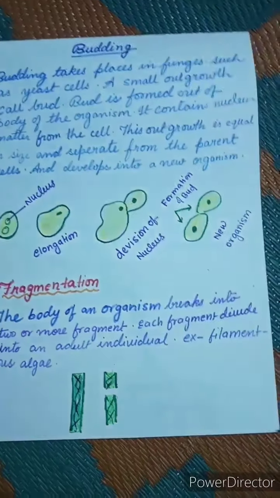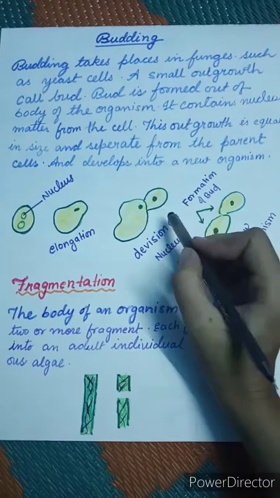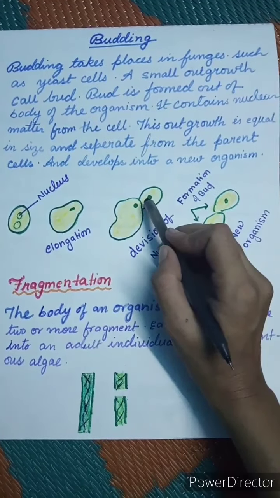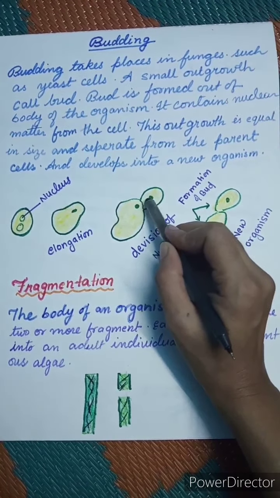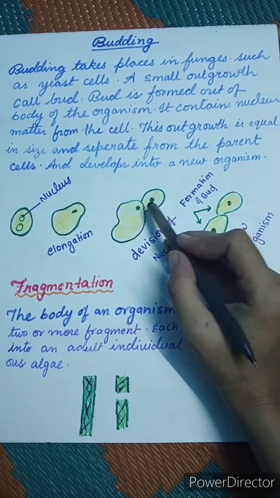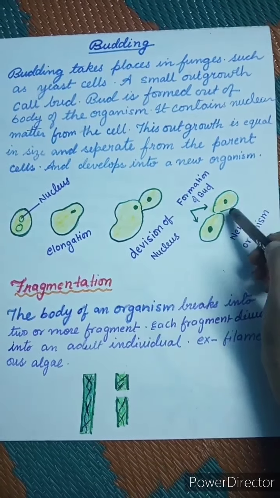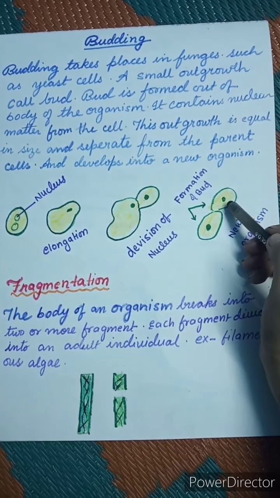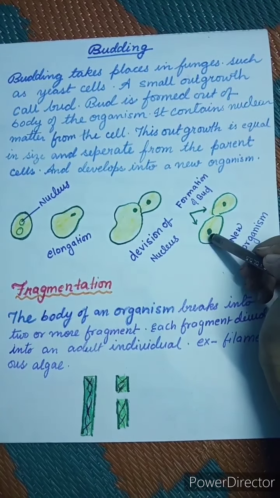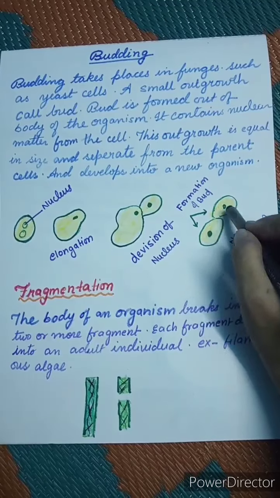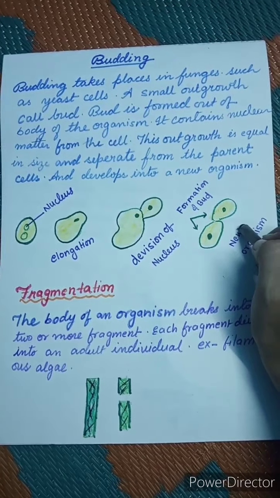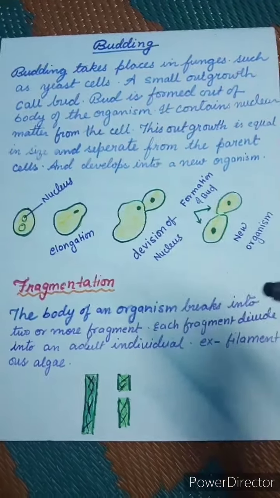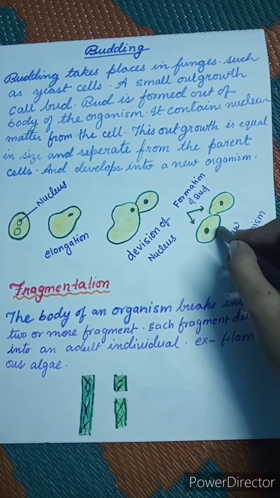You can see here a small outgrowth is formed as a bud, and the nucleus starts dividing. As the division is over, this outgrowth becomes bigger, and then it takes the size of the parent cell. Two organisms are equal in size. So in this way budding takes place and gives rise to a new organism.